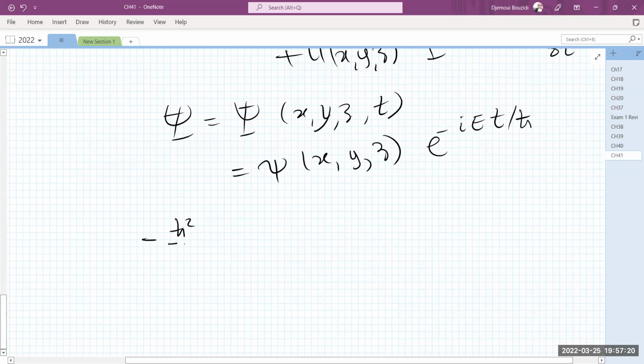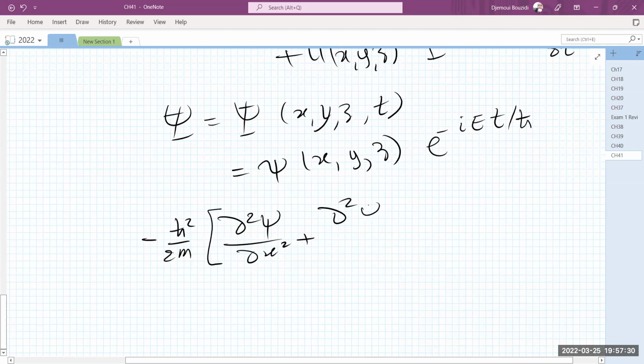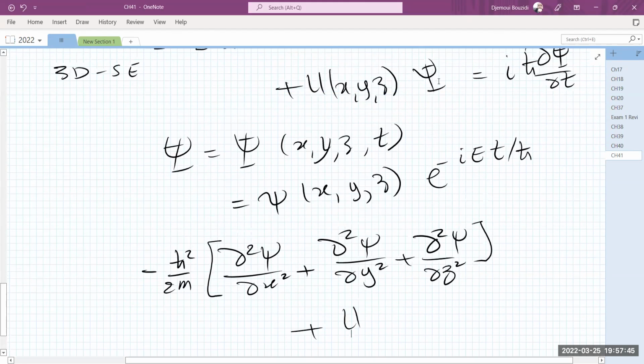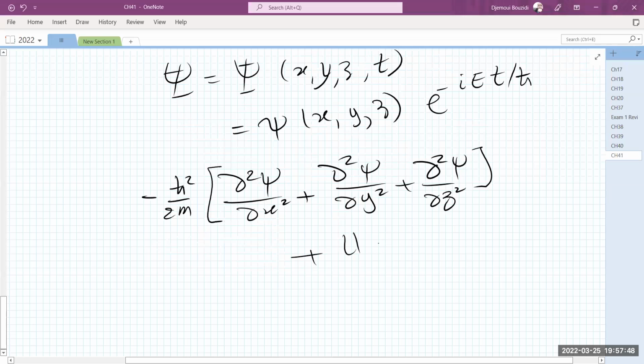So it's going to be minus h bar squared over 2m times the derivative with respect to x squared plus the derivative with respect to y squared plus the derivative with respect to z squared, all of these are second order derivatives of the function psi, plus U now. U doesn't depend on t, U depends on x, y, and z, at least for the problems we deal with in quantum mechanics, okay? Times the same function psi is equal to E psi, okay?